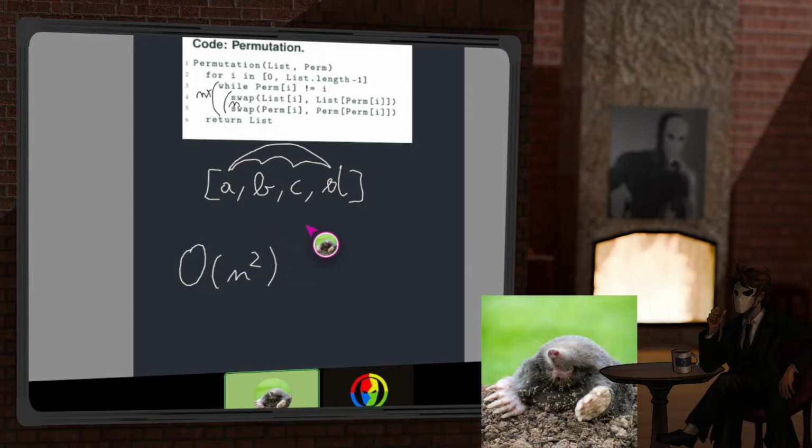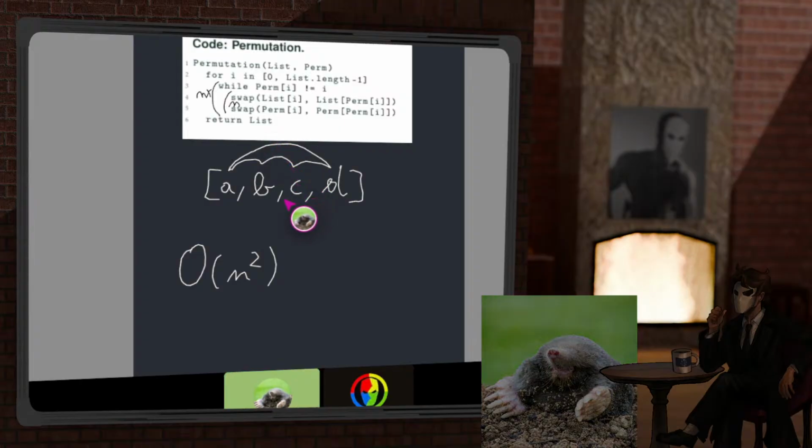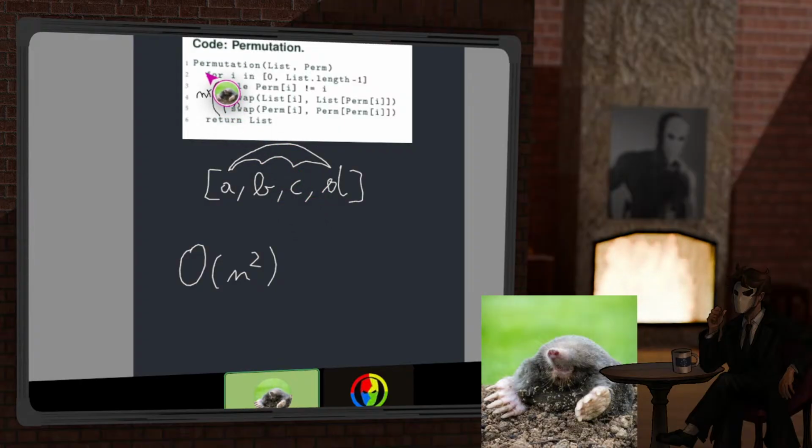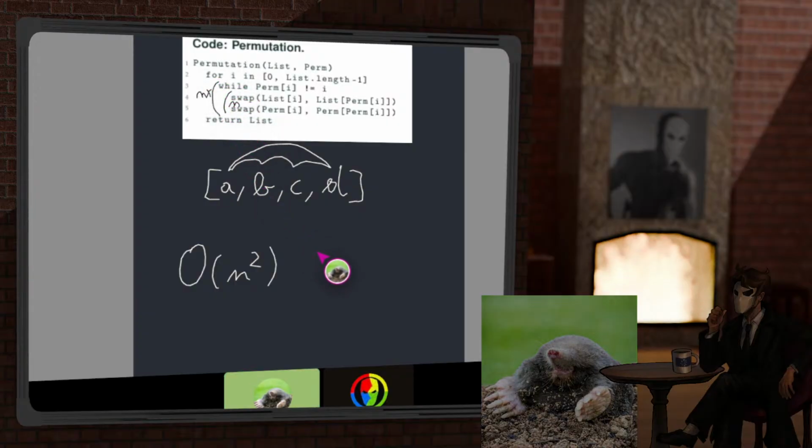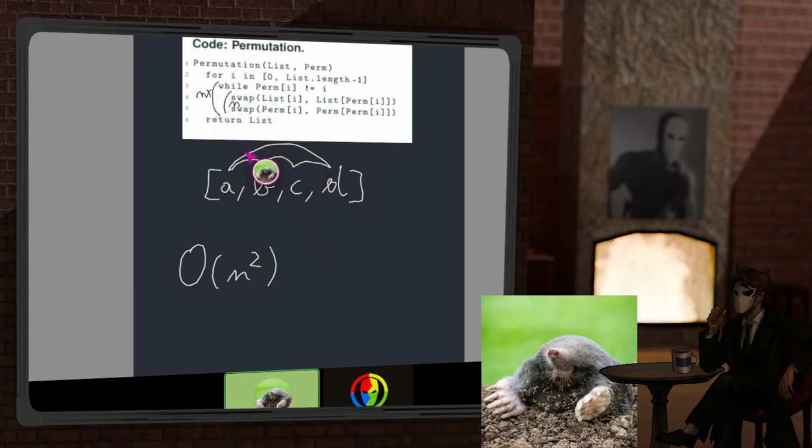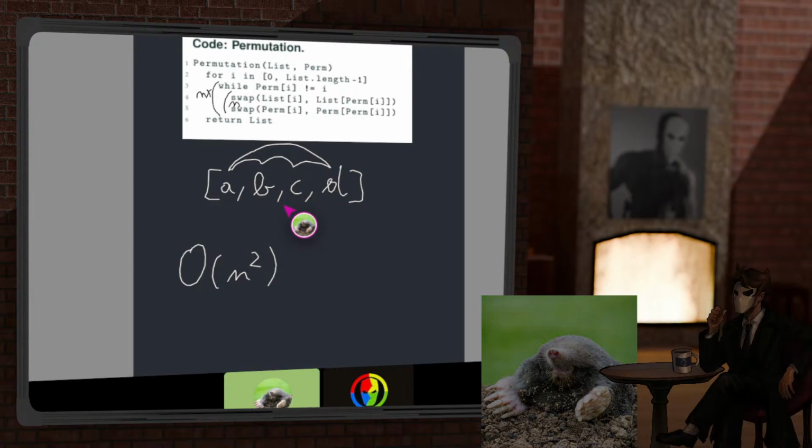But something doesn't seem right, once again. When we get a full cycle like this, we first start the for loop, and on the first iteration, we solve this cycle with n steps, swapping everything to its right place.